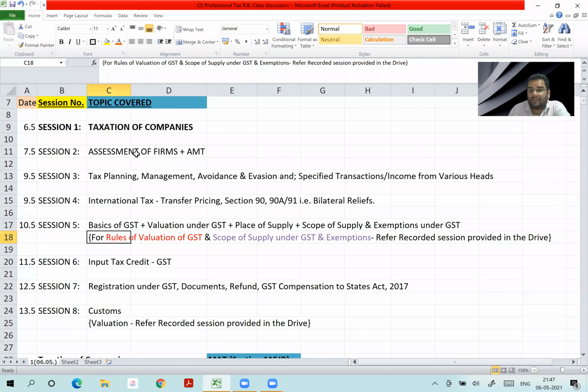Because you will already find uploaded in the revision batch videos the rules of valuation of GST, scope of supply under GST and exemptions. And customs we can do in session 8, in only 1 session. Again, why? Because valuation is totally given to you on the drive in the recorded videos. Clear? So this is how we are going to go ahead in the revision batch. In 8 sessions of 3 hours each, everything will be revised effectively.